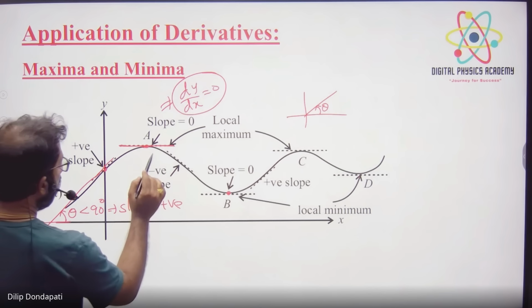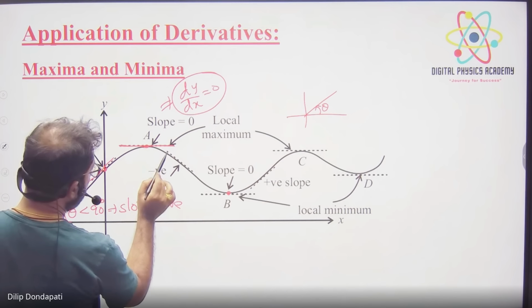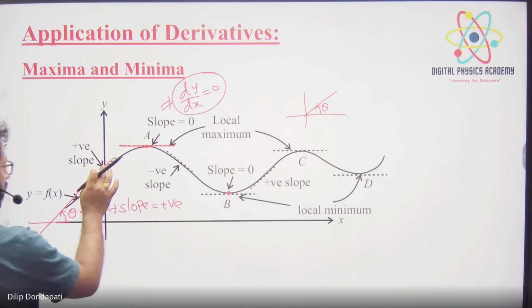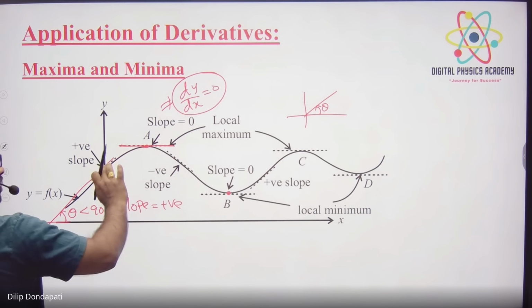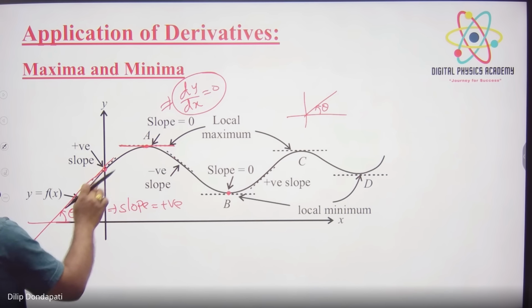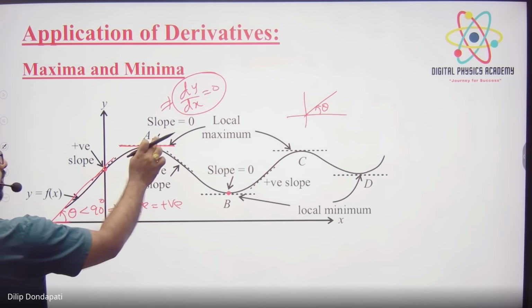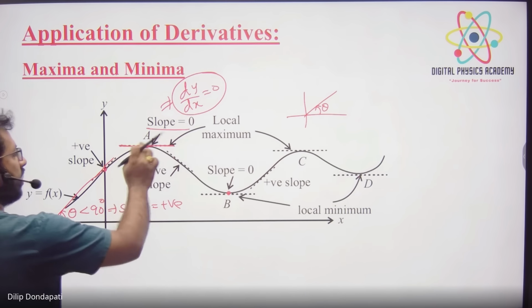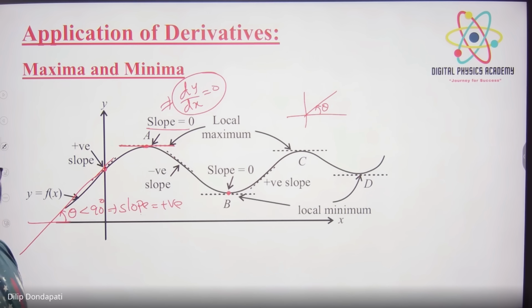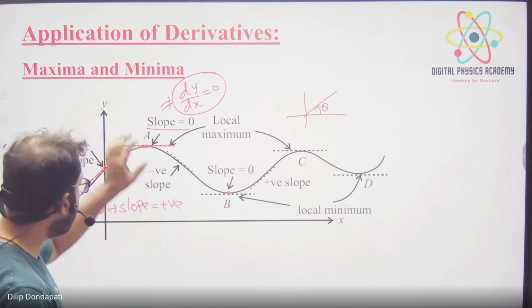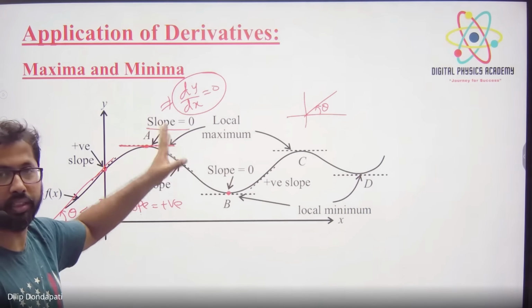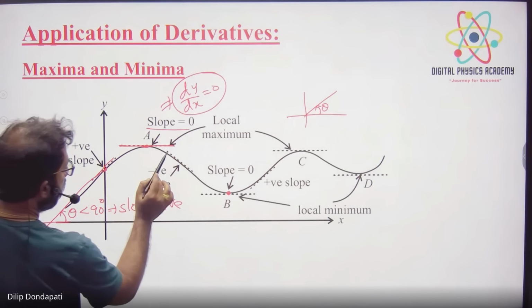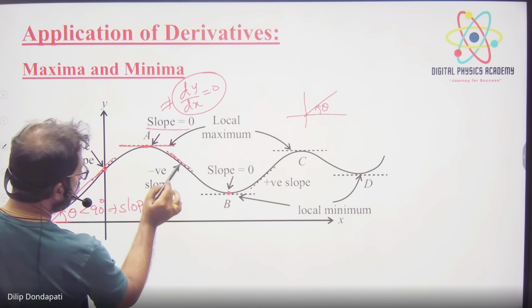Tell me now, beside the maxima point I'm also seeing here, from here to here is the slope increasing or decreasing? Tell me. Here slope is positive. Here it is becoming 0. Is the slope decreasing or increasing? Decreasing. I'm talking about the side of the maxima that I'm seeing. Now here, what is the slope? Tell me. For this point, is the slope positive or negative?